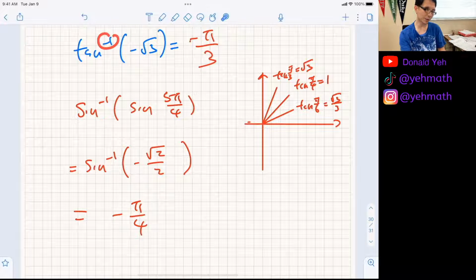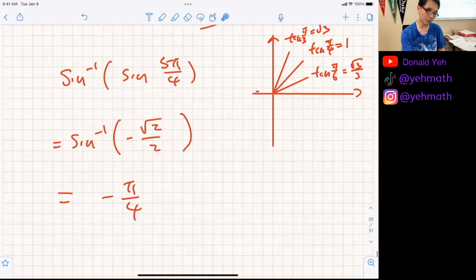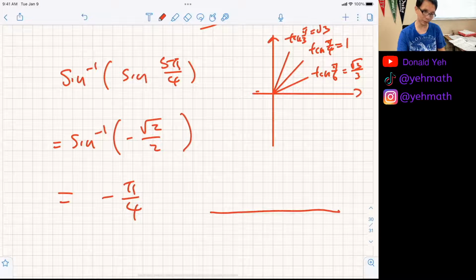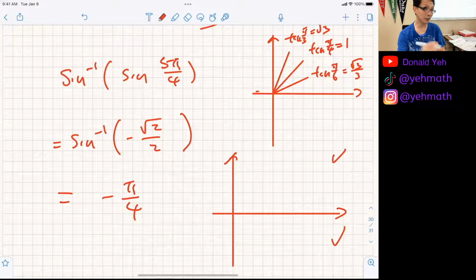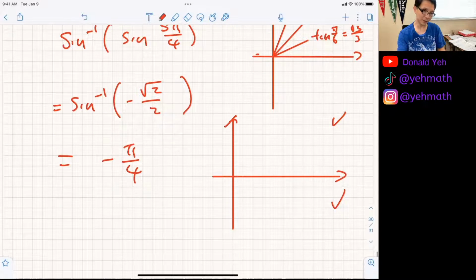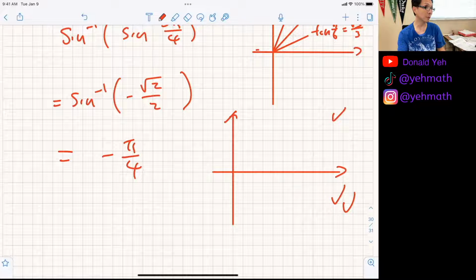Now the inverse tells you to do a quadrant check. If I have inverse tangent, I'm going to have these two quadrants. And if I have a negative, it has to be this quadrant. So it has to be the fourth quadrant, with the value giving square root 3.